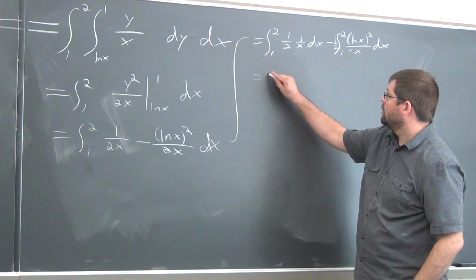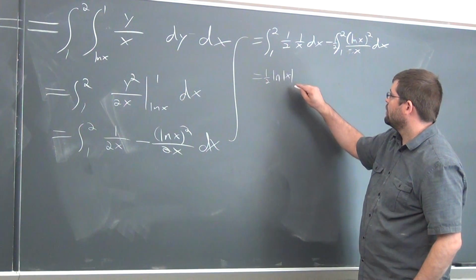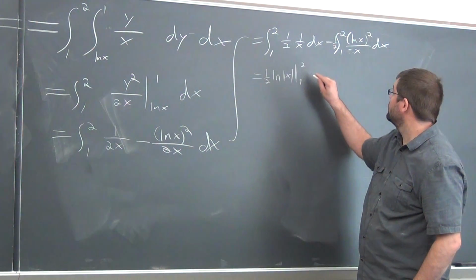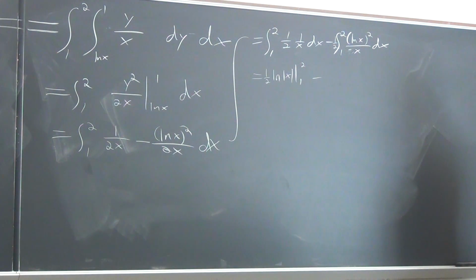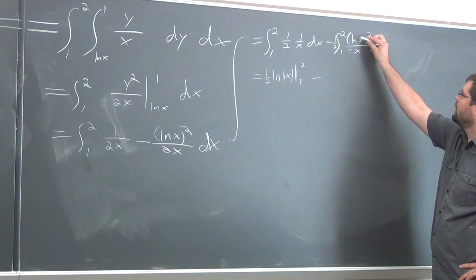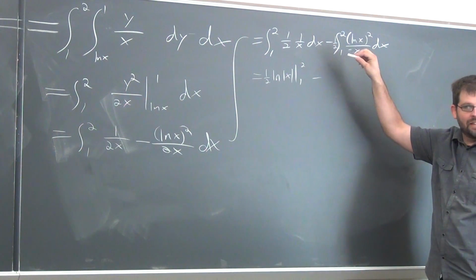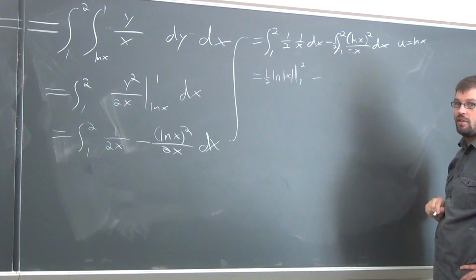What is it? 1/2 log x, from 1 to 2. How do you integrate that second one? Set u equal to log x. Whenever you see a log in a problem and then a 1 over x in it, you should do a substitution, so u equals log of x.